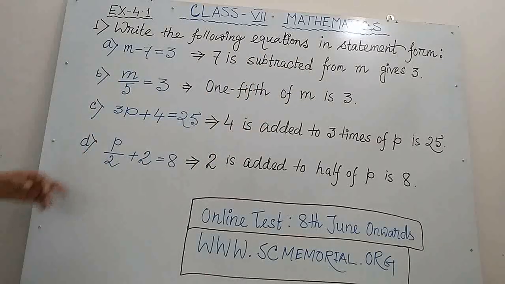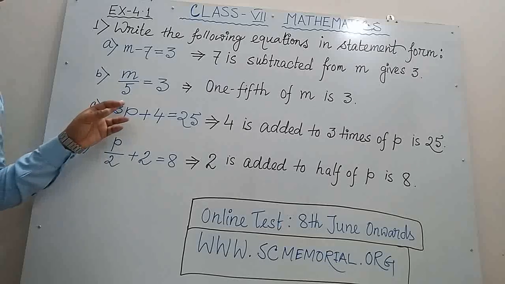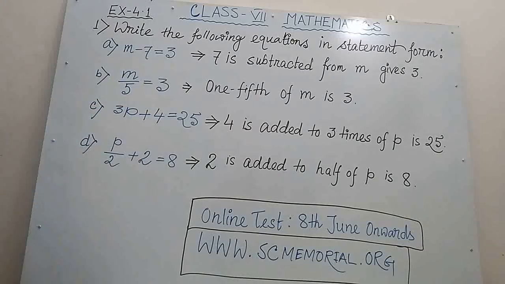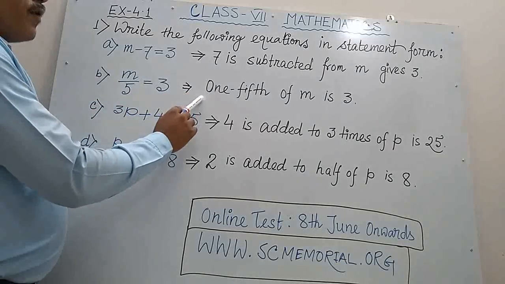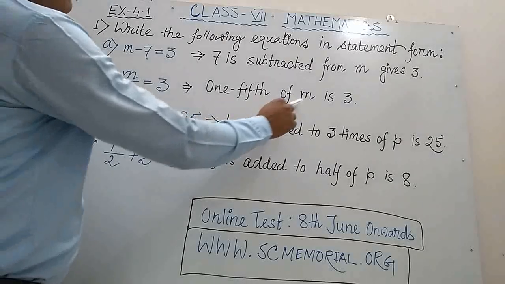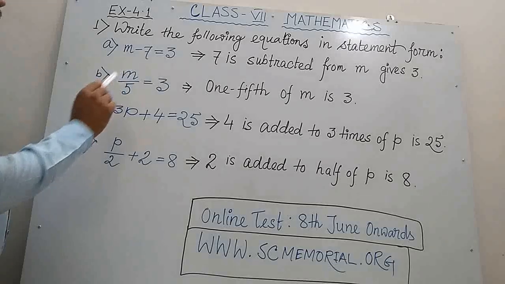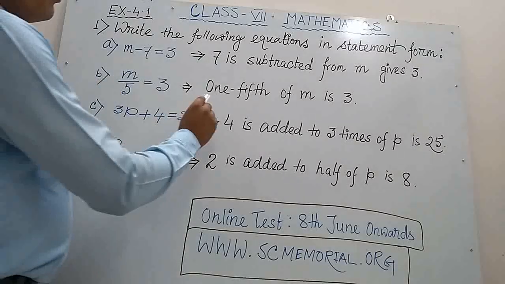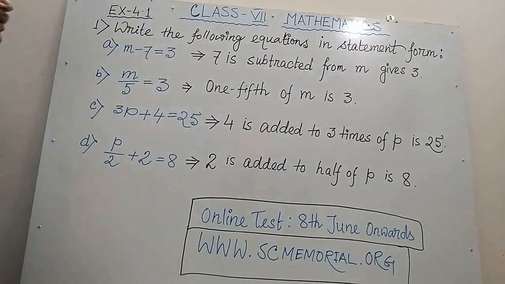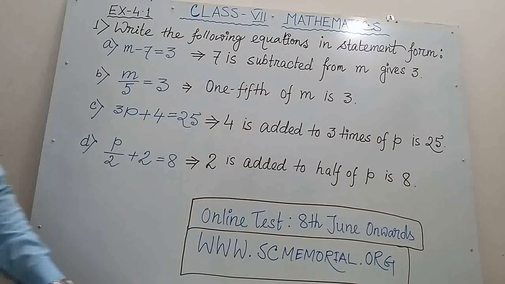B, m by 5 equals 3. Statement form, 1/5 of m. m by 5 means 1 by 5 into m. So 1/5 of m is 3.